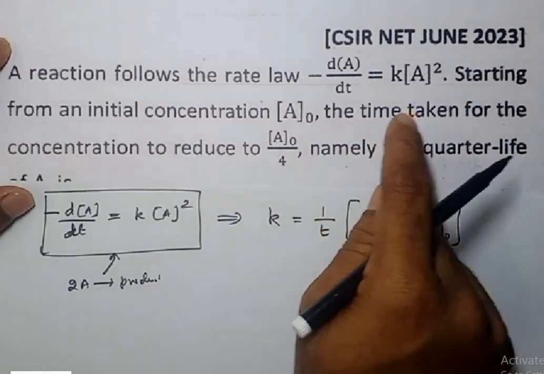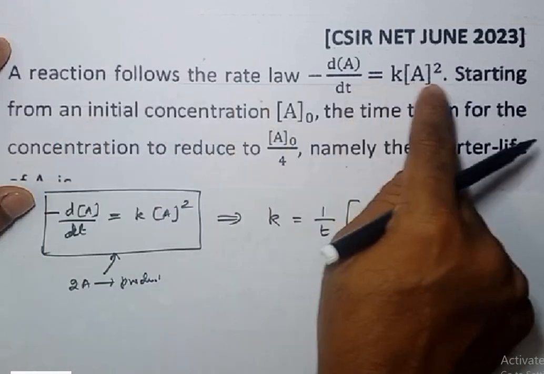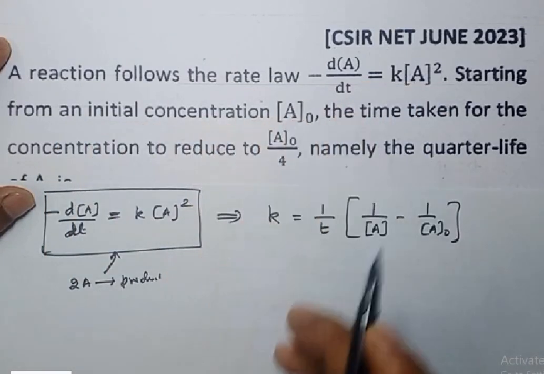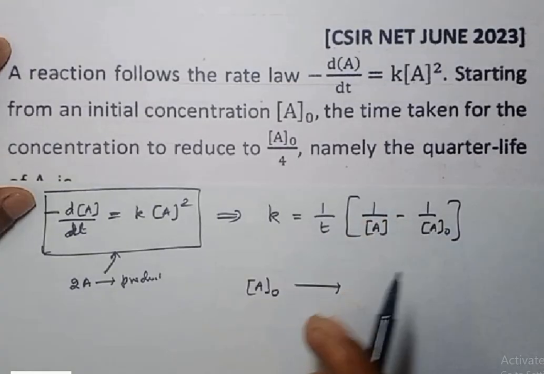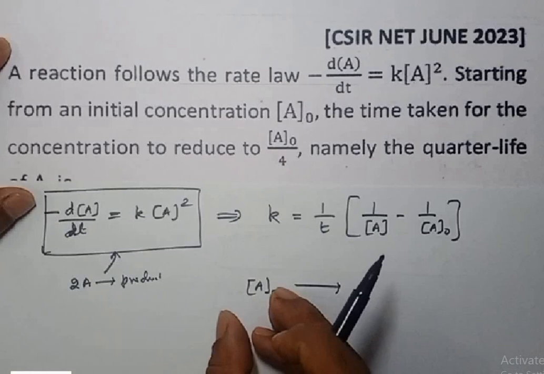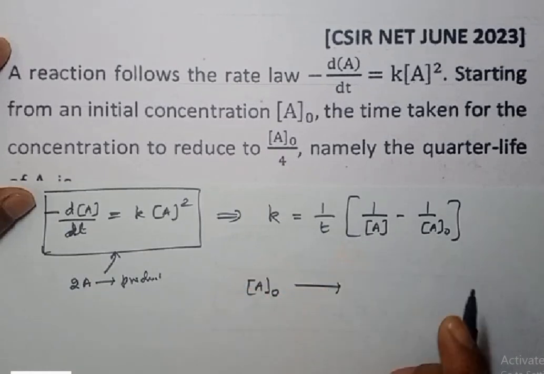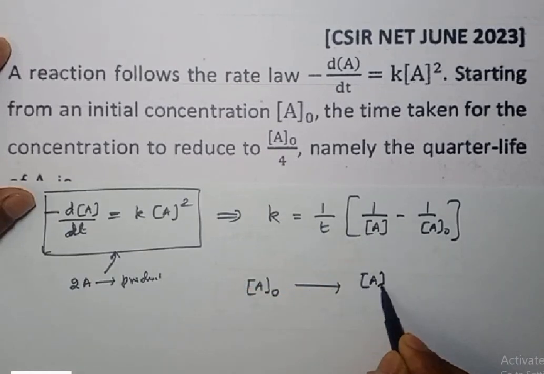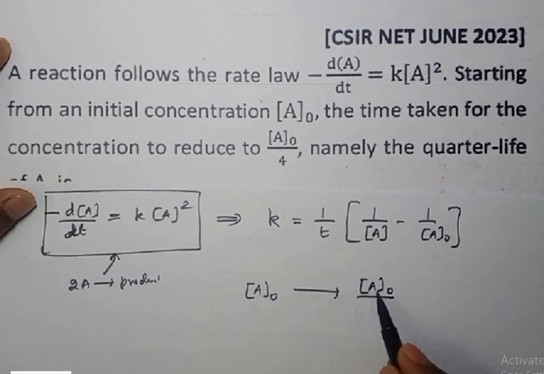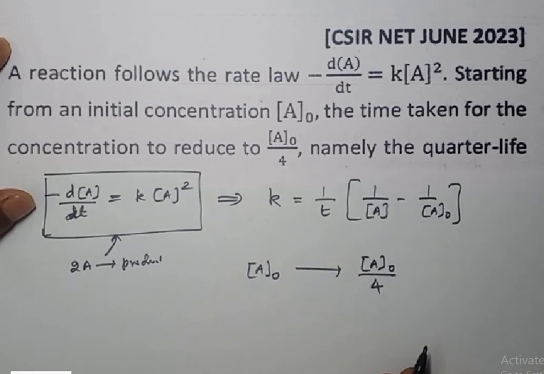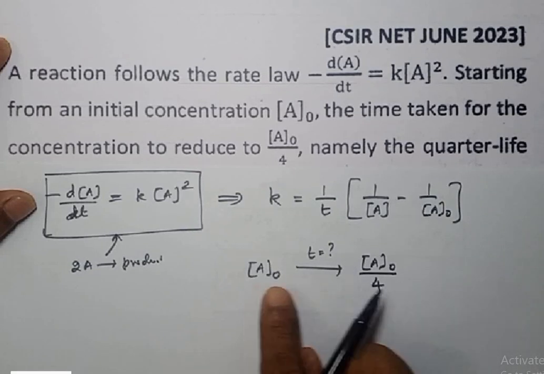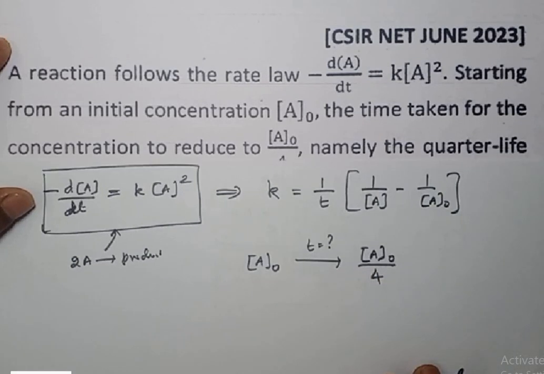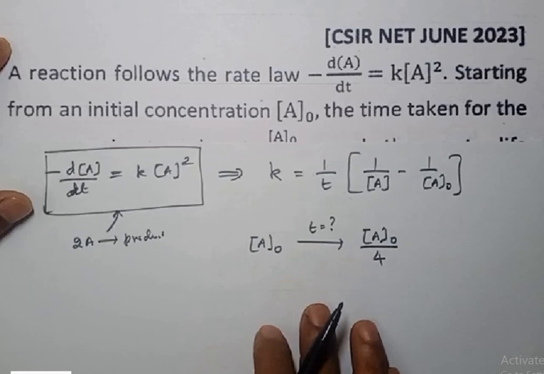Now, what we have to do, listen: starting from an initial concentration of A naught, then as the reaction progresses, the concentration of the reactant decreases. At one particular time, the concentration becomes A naught by 4. At what time does A naught become A naught by 4? This is what they are asking. Very simple.